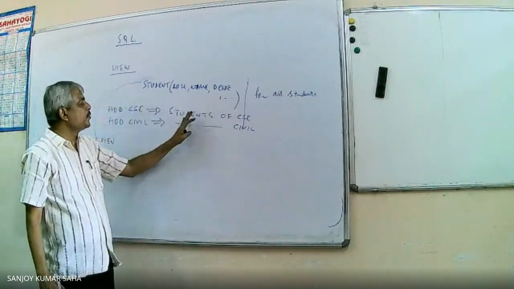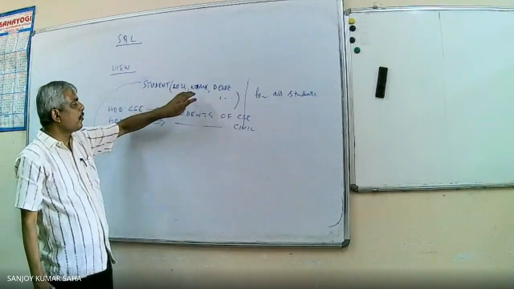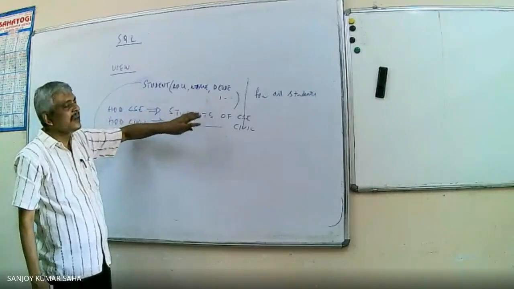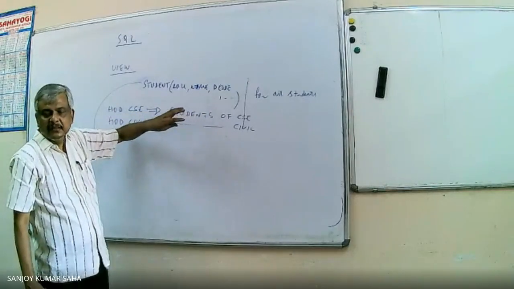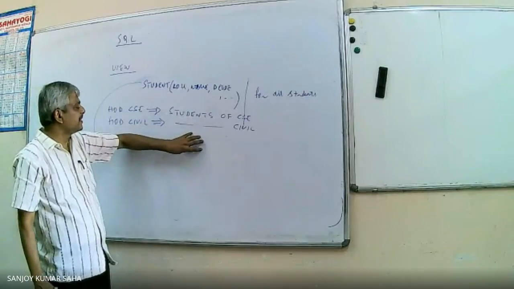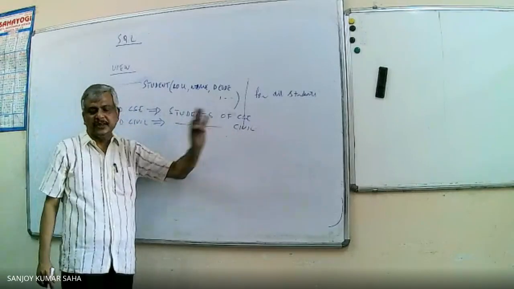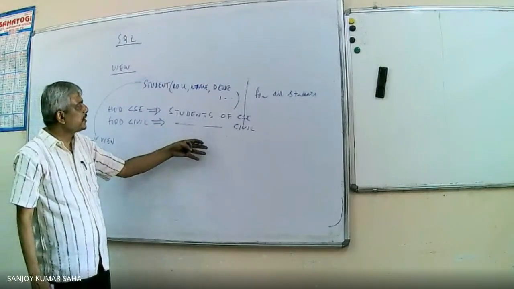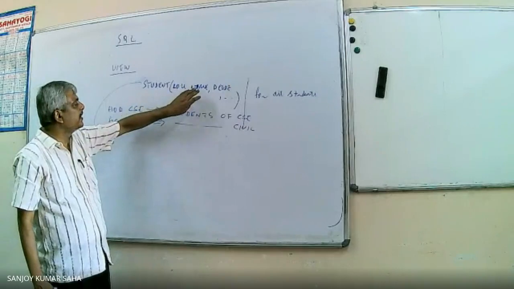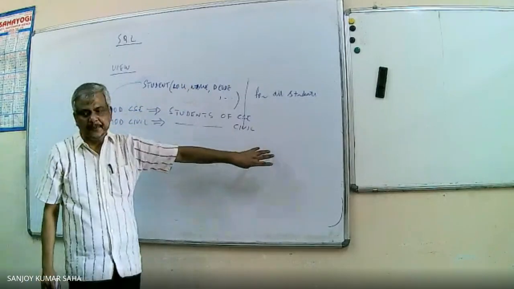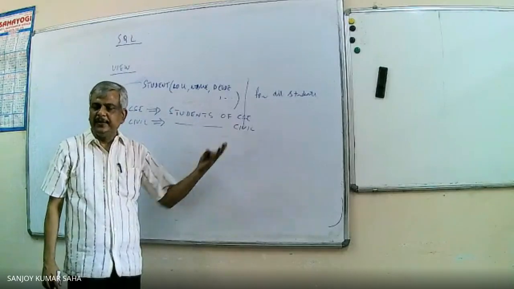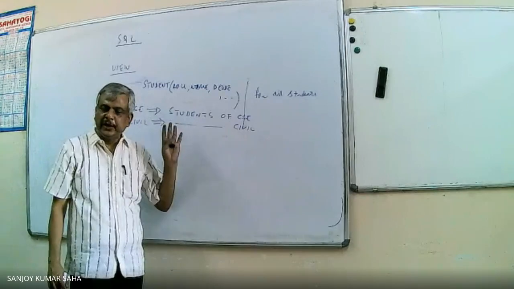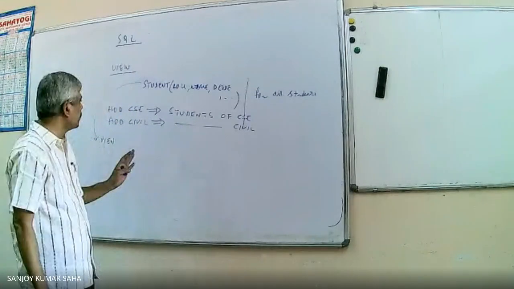Somebody may say, I want to avoid the union, so I will have a composite student table having the data of all the students, and again I will copy the part of the things to form the CSE students, ECE students, civil students, like that. Then see redundancy. Every student's information will be in the student table, and again in the particular department related table. So whenever there is redundancy, not only wastage of space, if all are not updated properly, there will be inconsistency. So those problems will come up.